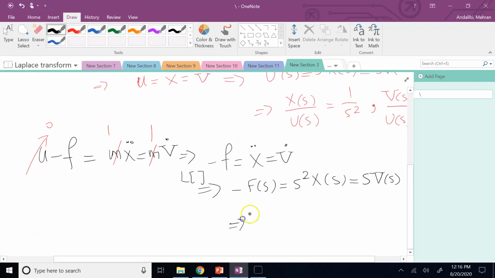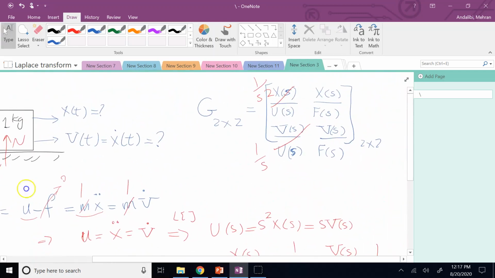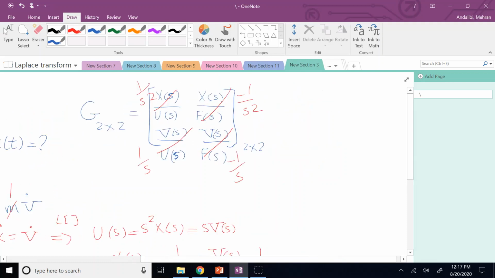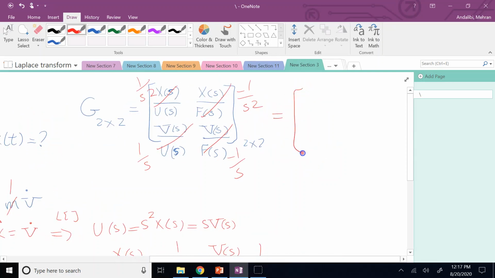Therefore, x of s over f of s is negative 1 over s squared, and v of s over f of s is negative 1 over s. So I have these too. Now I have my transfer function matrix.